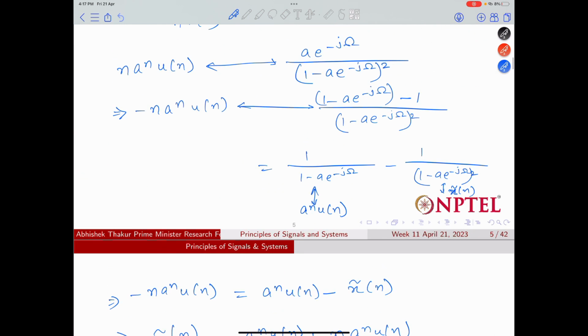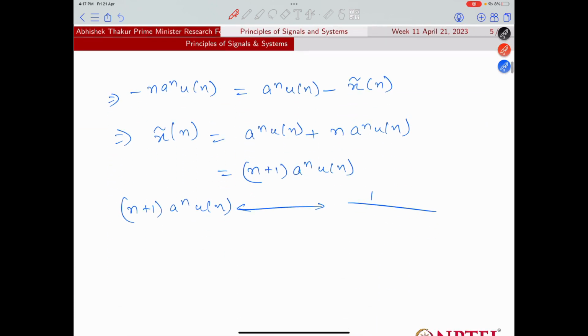This x tilde n has the Fourier transform 1 by (1 minus a e to the power of minus j omega) whole squared.